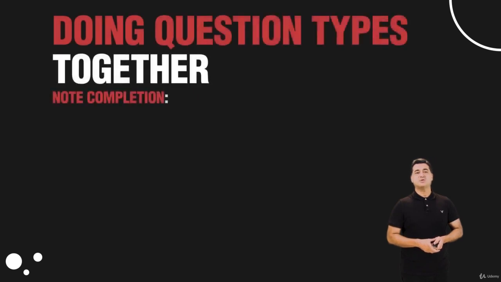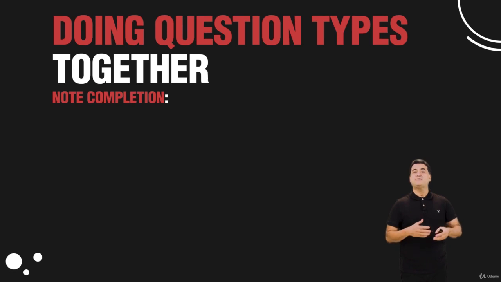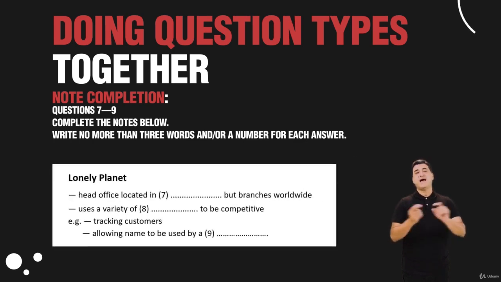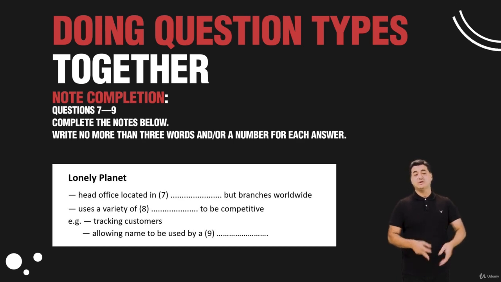So we are now talking about note completion, and I told you that you have to make guesses by underlining the keywords. First of all, the question says write no more than 3 words. Now you cannot write a number, so no more than 3 words. Basically the heading says Lonely Planet, head office located in. In comes before a city or a country. So head office located in Toronto, or in Canada, or in America, but branches worldwide.